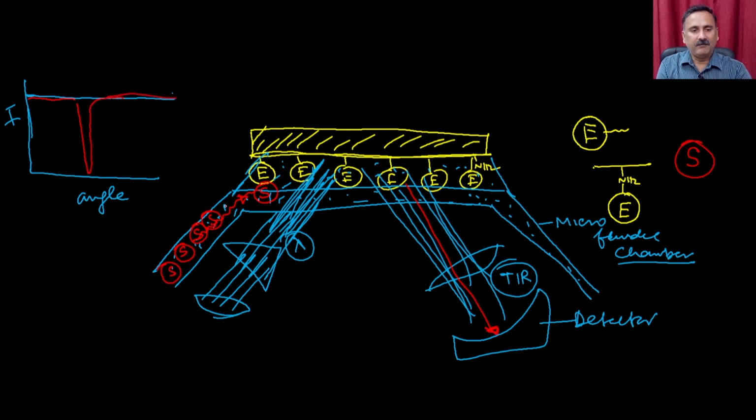Suppose this is at lambda 1. Now when the second molecule of substrate is going to bind, it will show me a curve like this. And I can plot this in another curve, where I can show how things are happening.